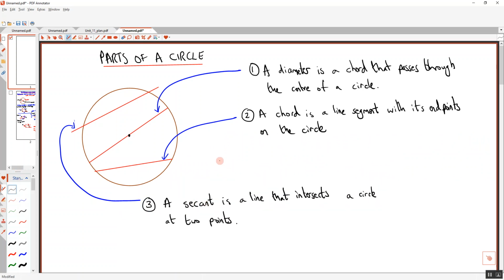All right, and then number 4, which is the last one we'll do, is called a tangent. A tangent is a line that touches the circle at only one point.